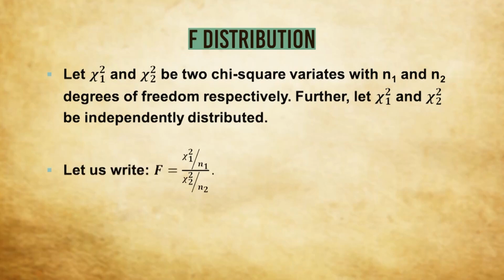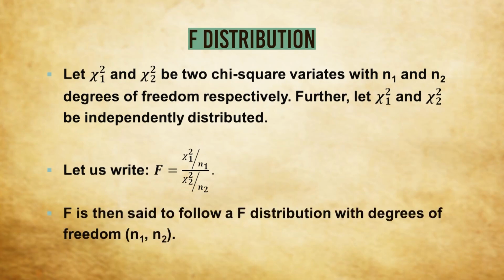Now we define something called F. It's a statistic, the F statistic, which is equal to chi1 square by n1, the whole thing divided by chi2 square by n2. More specifically, chi1 square divided by its degrees of freedom, the whole thing divided by, in the denominator, chi2 square by its degrees of freedom. F is then said to follow an F distribution with degrees of freedom n1, n2.